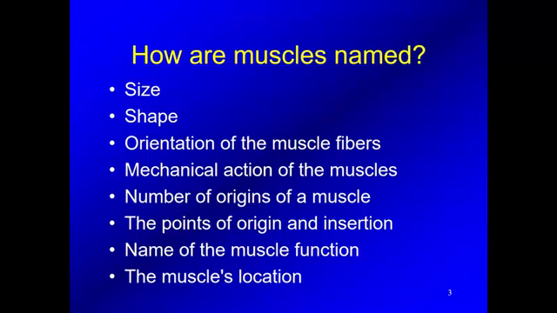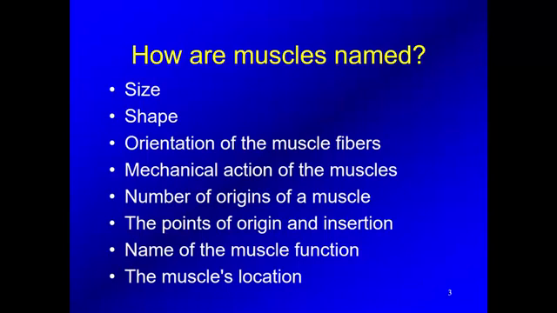Flexors, extensors, pronators. They do that action. How many attachments a muscle has may be part of the name. Biceps has 2 origins, triceps has 3. Sometimes they're named for where they're attached, the origin or insertion. Sternocleidomastoid muscle is attached at the sternum, the clavicle, and the mastoid process, so it's named for its attachment points.